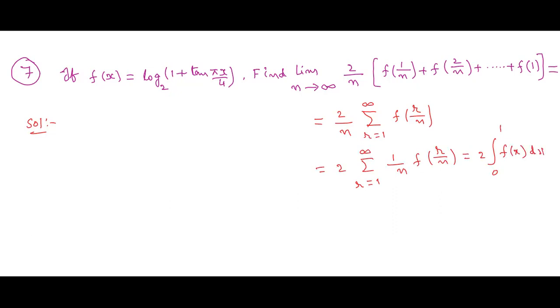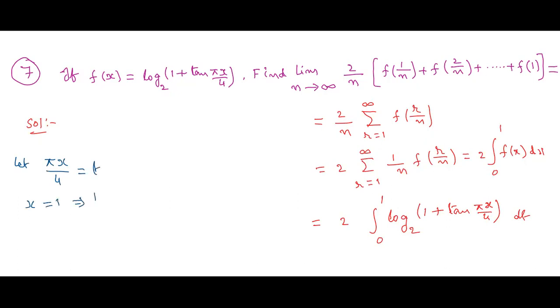Okay, f of x value is already given here. Now find 2 integration 0 to 1 f of x, meaning logarithm of 1 plus tan pi x by 4, to the base 2, dx. So here let pi x by 4 be equal to t. If x is equal to 1, then what is the t value? T value is pi by 4.